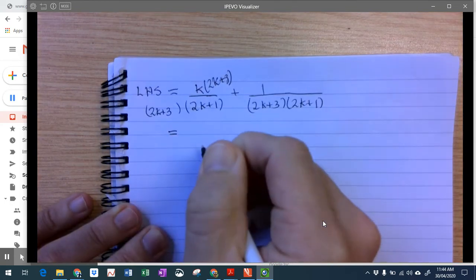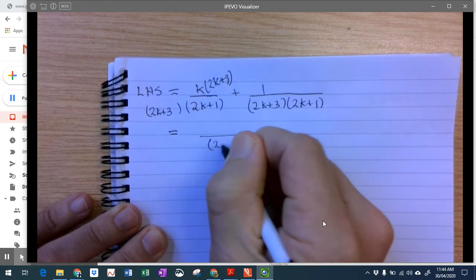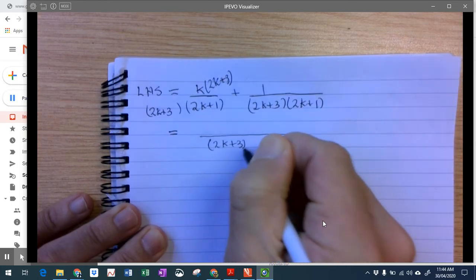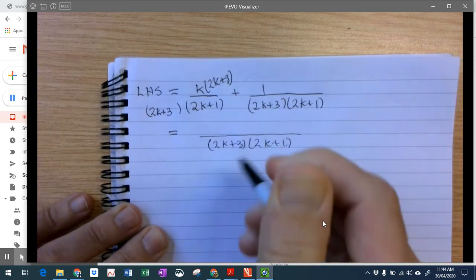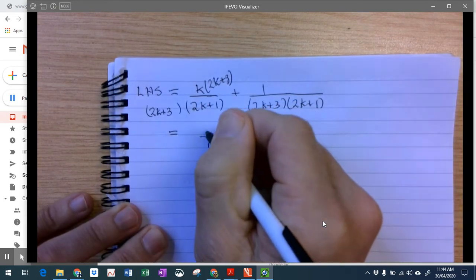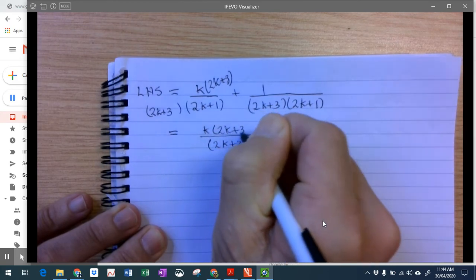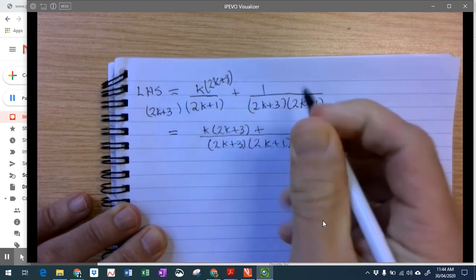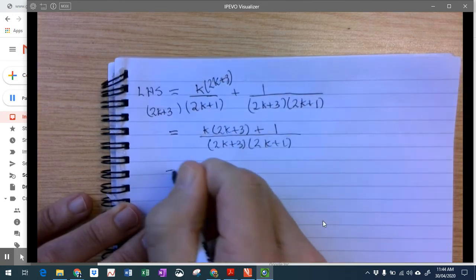So it gives me now, as a common denominator, 2k plus 3, 2k plus 1, and then we've got k times 2k plus 3 plus 1. Okay, so let's expand the brackets.